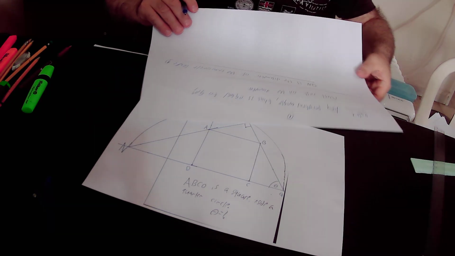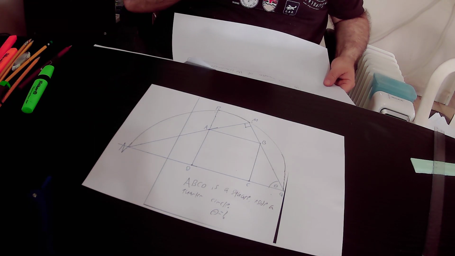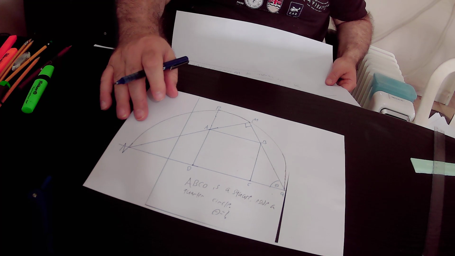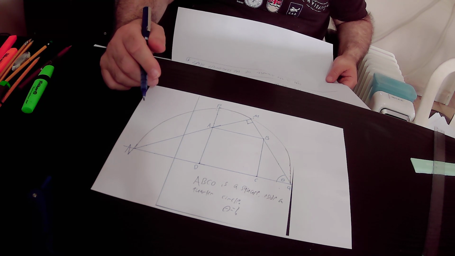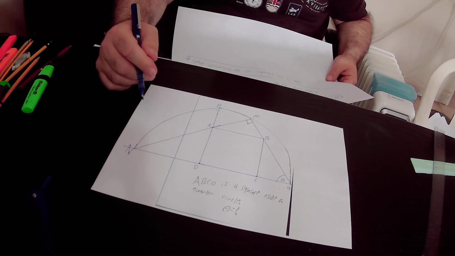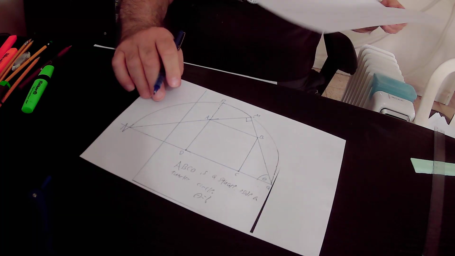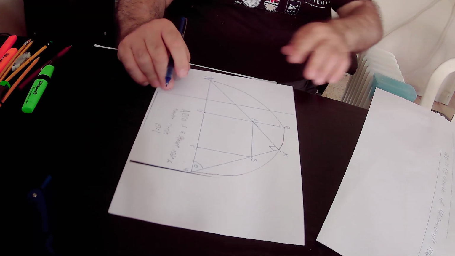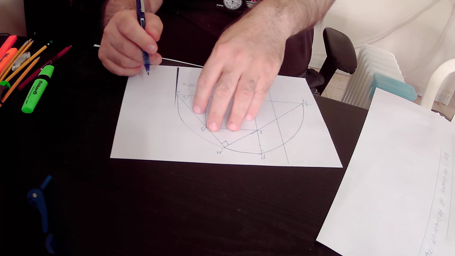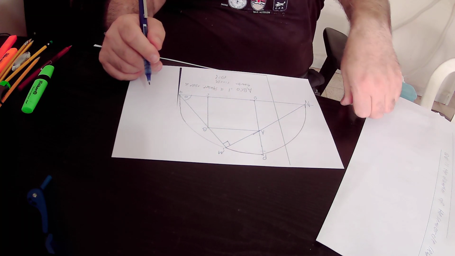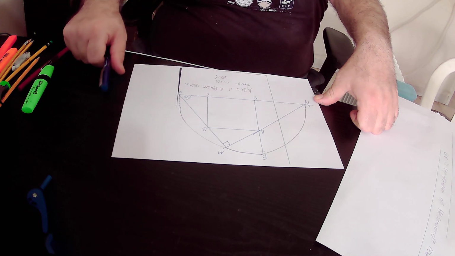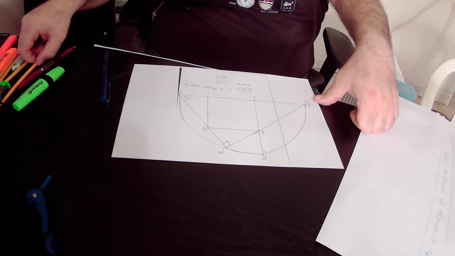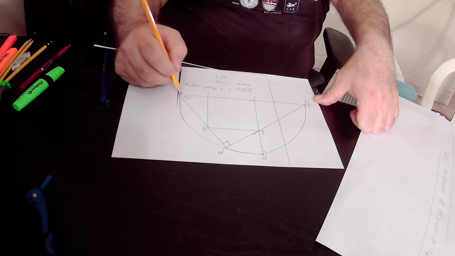Okay? And the diameter of the semicircle is equal to 2 times the radius, so because of the fact that this is a quarter circle, it means that QO must be equal to the radius of the quarter circle.